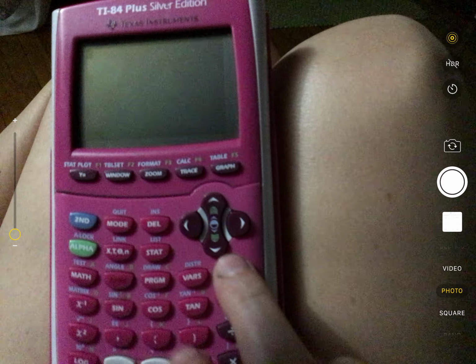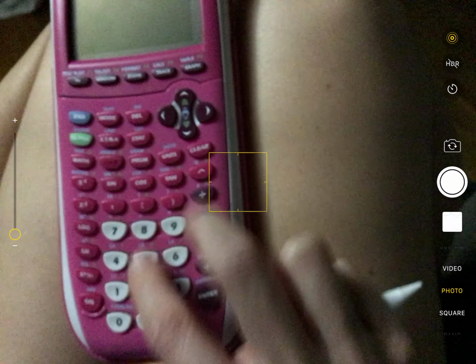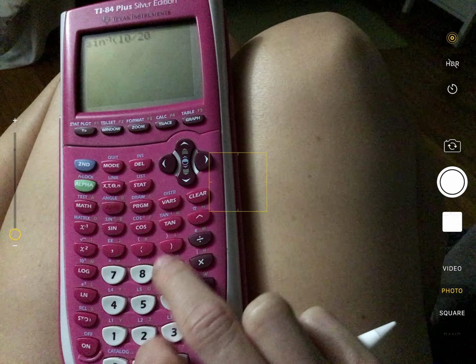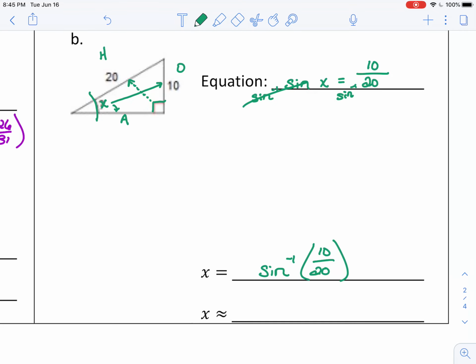It's getting me 30, which is the exact same thing I get on my calculator. If we can turn it so we can actually see. So I'm going to push second sine and then 10 divided by 20. Both of them give me 30.